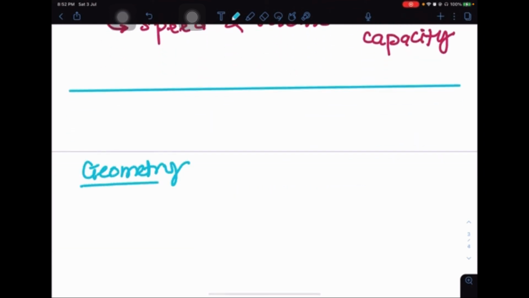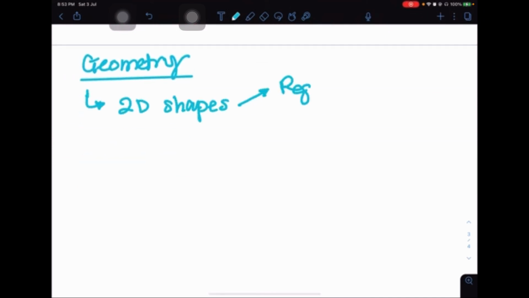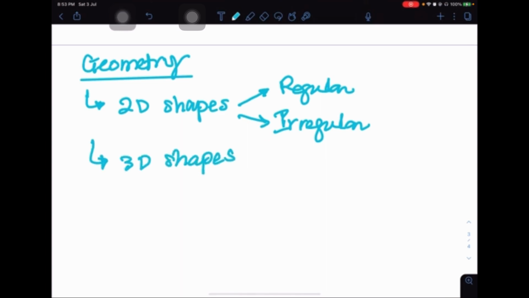The next part is on geometry, and under geometry we have 2D shapes, and under 2D shapes we have regular and irregular 2D shapes. You need to show your students the differences between these two.